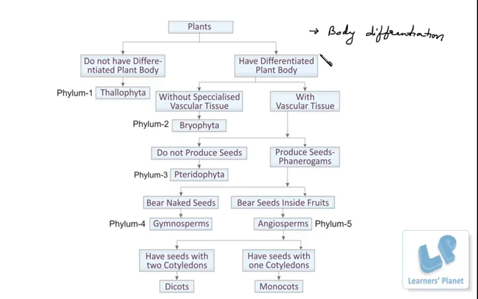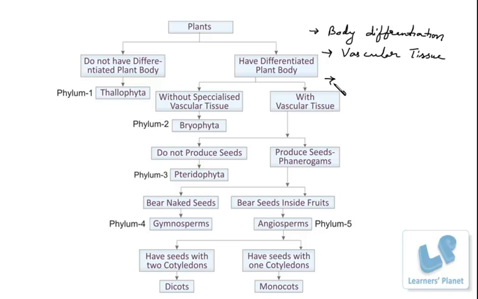Further, if the body is differentiated into different body parts, organs or tissues, then they are further subclassified on the basis of the development of vascular tissues, or the conduction system, which is developed or not developed in the plants.